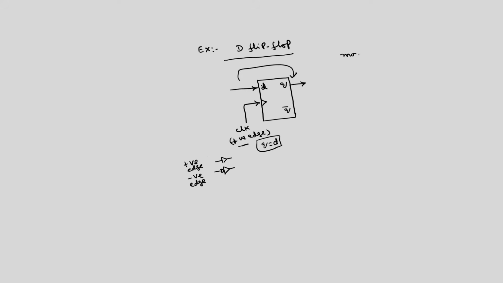So, module, I will give the name as DFF for D flip flop, because I am going to instantiate this in later examples. There are 2 inputs and 1 output Q: Q, D, clock. Output, and also we have to declare it as a registered data type Q, input, D comma clock.